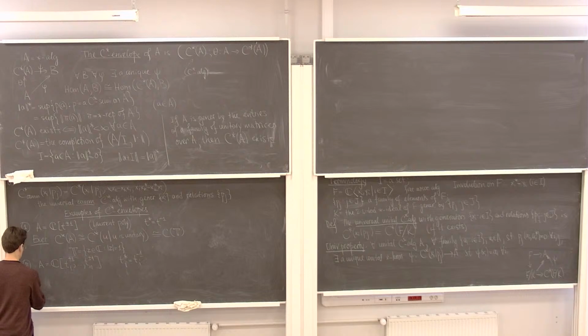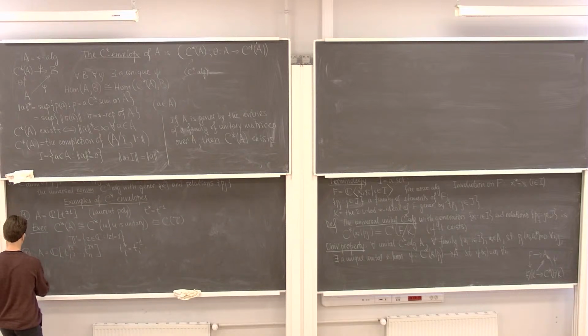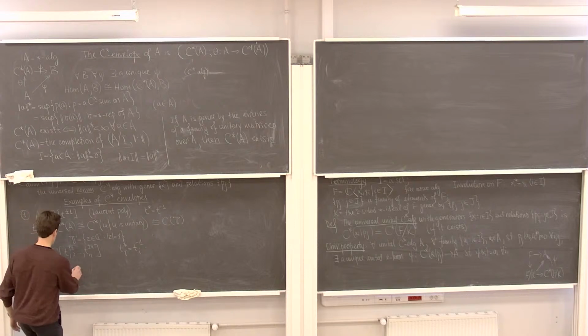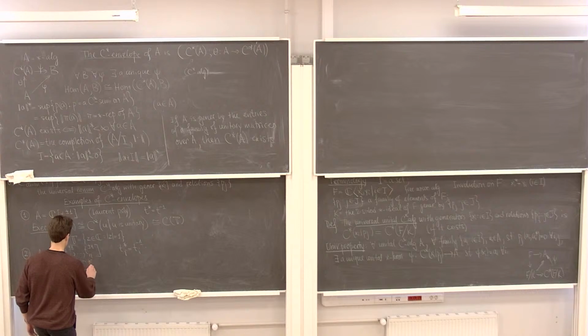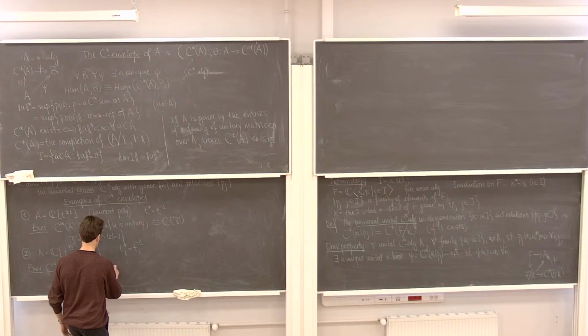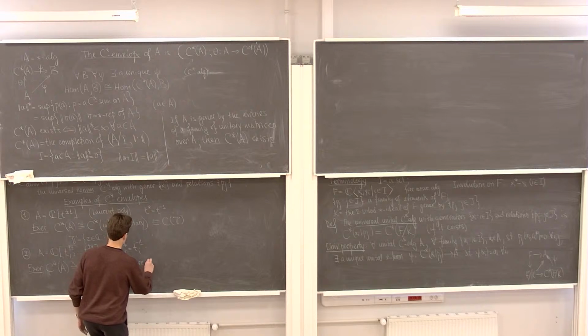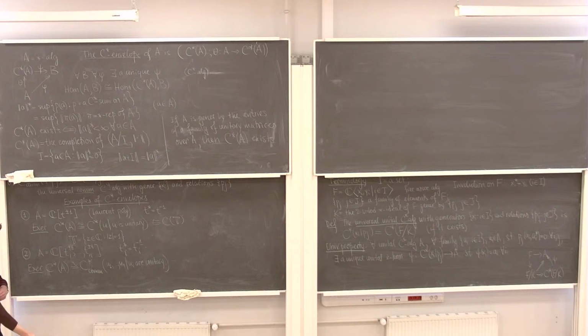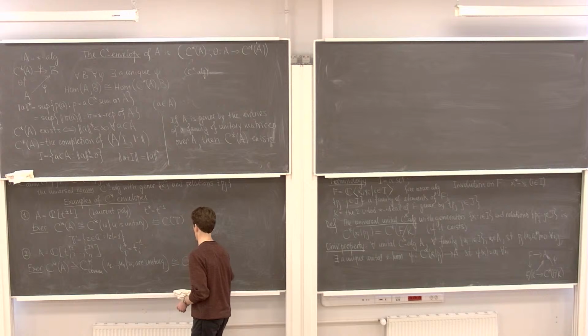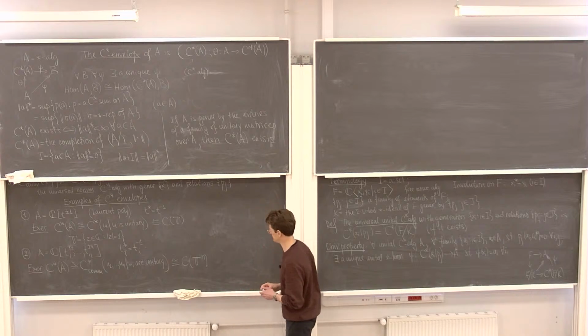And in this case, the C-star envelope of A can be identified with the universal commutative C-star algebra generated by n unitaries, u1 to un. And this universal algebra is isomorphic to the algebra of continuous functions on the n-dimensional torus. So this is a natural generalization of example 1.